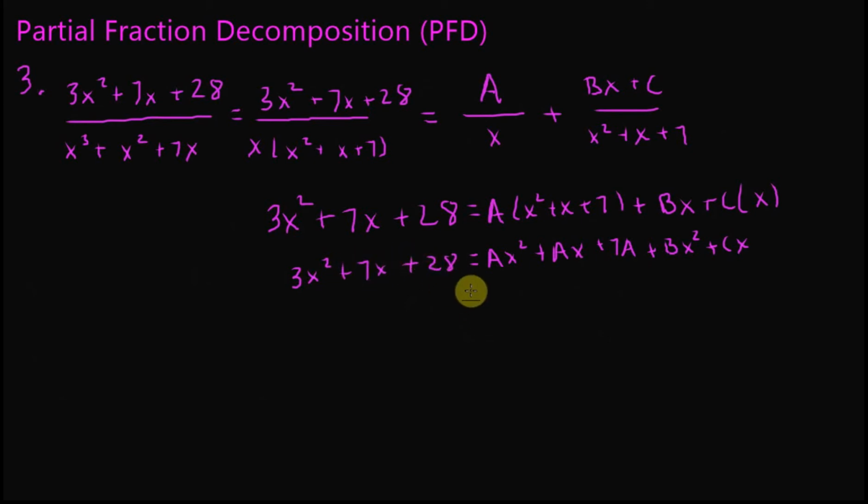Now, using some intuition, we can group like terms: ax squared plus bx squared plus ax plus cx plus 7a.